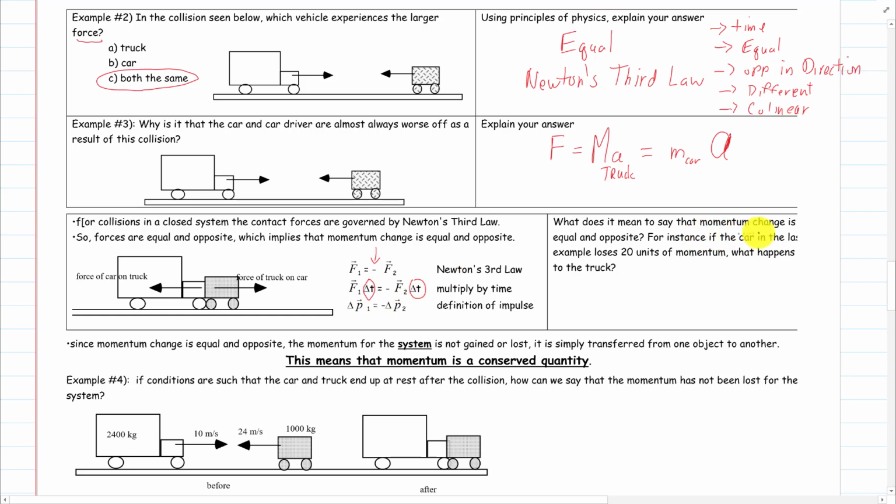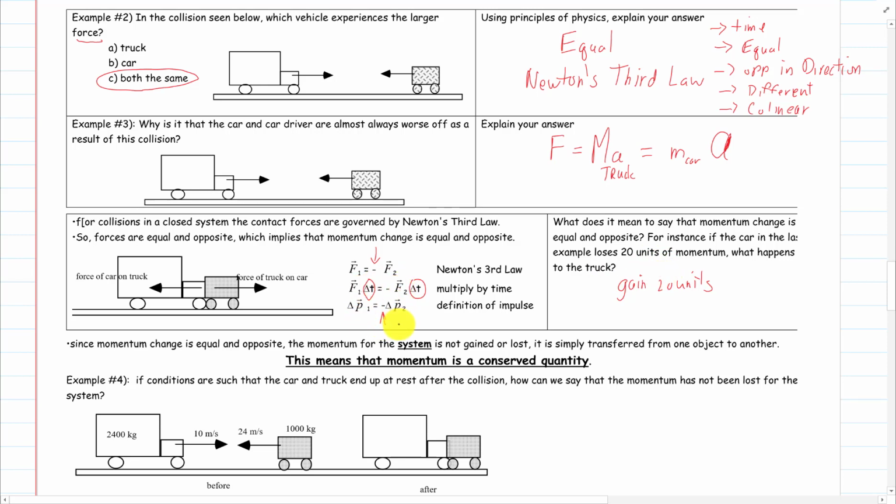What does this mean to say that the momentum change is equal and opposite? For instance, if the car, in the last one, loses 20 units of momentum, what happens to the truck? The truck will gain 20 units. Now gaining, well, that's because the sign is going to be a gain.